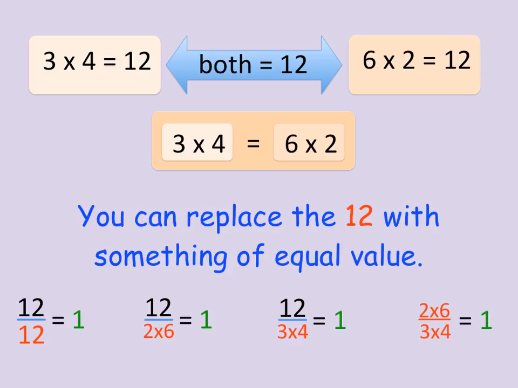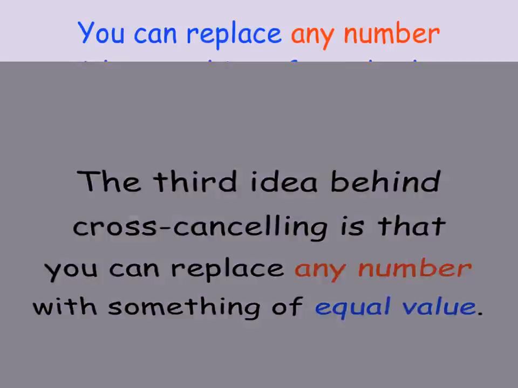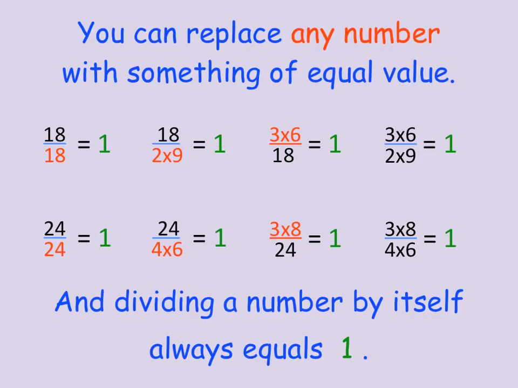Looks a little fancier, still means the same thing. The third idea behind cross-canceling is that you can replace any number with something of equal value. Here are some examples of replacing a number with something of equal value.